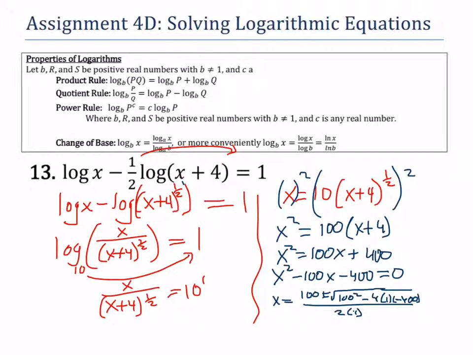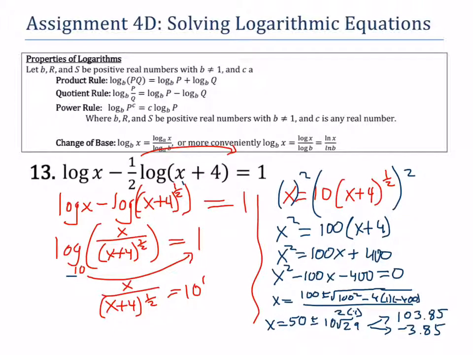When we simplify that, we get 50 plus or minus 10 root 29. That's a big ugly number, but we get two decimal approximations: 103.85 when we add, and negative 3.85 when we subtract.